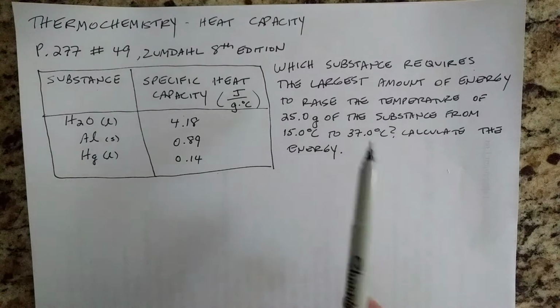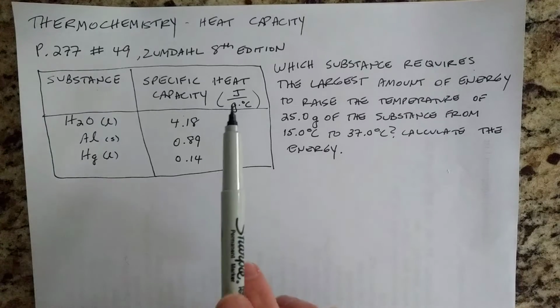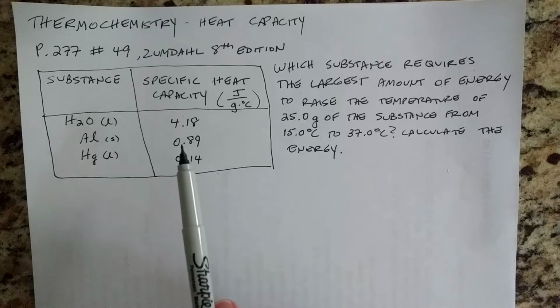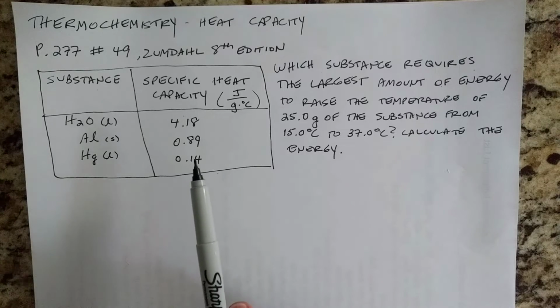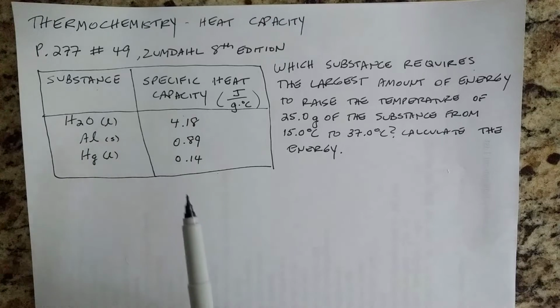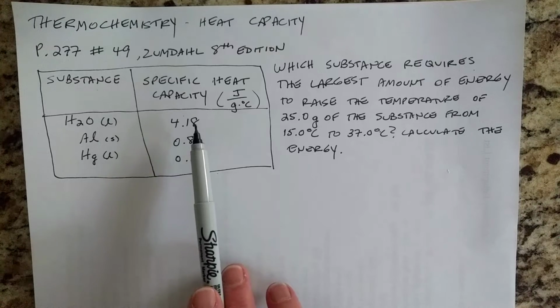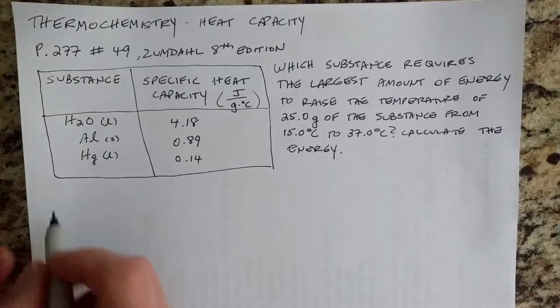So the largest amount of energy is going to be from the substance with the largest heat capacity. The units of our heat capacity are joules per gram degrees C. So if we consider these three substances, and we consider a 1 gram sample of each, and we want to raise the temperature 1 degree, say from 25 degrees C to 26 degrees C, it's going to take 4.18 joules to raise 1 gram of water by 1 degree C, but only 0.14 joules of heat to raise the temperature of liquid mercury by 1 degree C. So the answer to our question is the water.